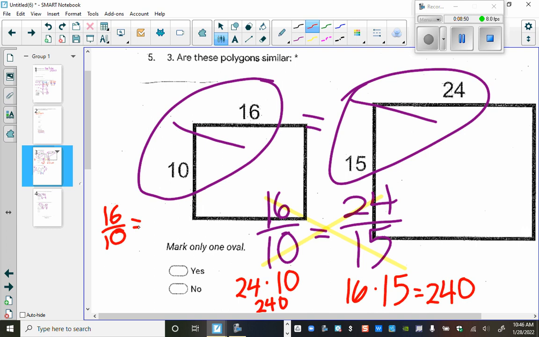Just check on the calculator. And there's one to you, 1.6. What's 24 divided by 15? That's what I call the cheap way to check. That's another way you could check.